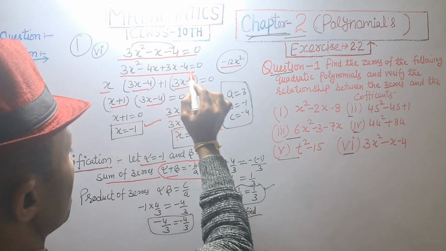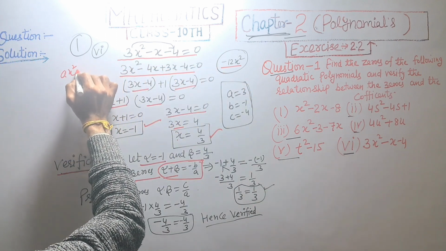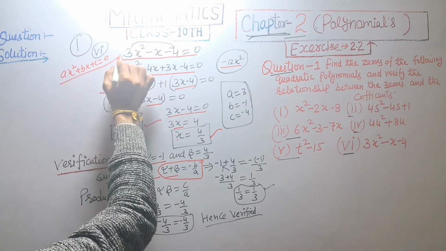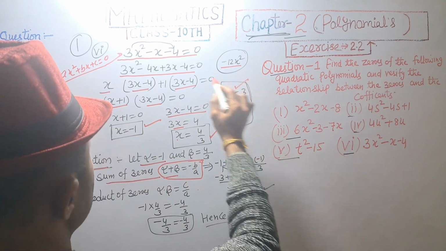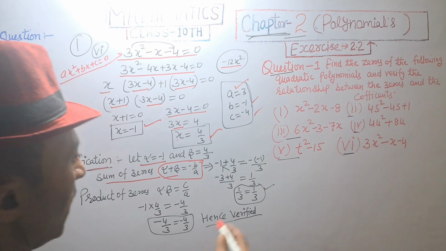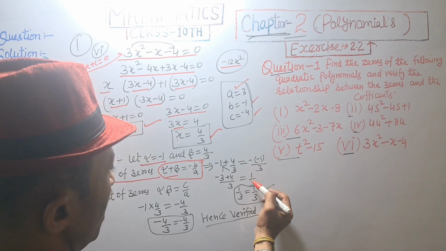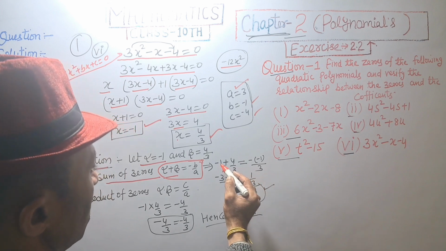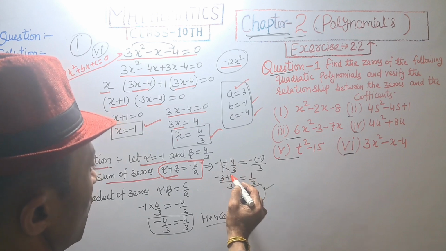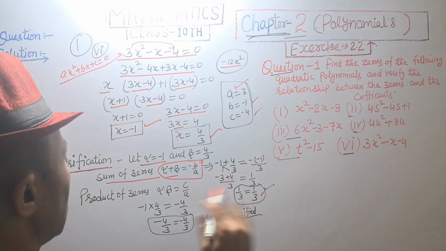We are comparing this quadratic polynomial with ax square plus bx plus c is equal to 0, and we get the value of a is 3, b is minus 1, c is minus 4. Minus b upon a, that minus minus will be positive 1 upon 3, and cross multiplying 3 into minus 1, that is minus 3 plus 4. 4 minus 3 is 1 upon 3. Left hand side is equal to right hand side.